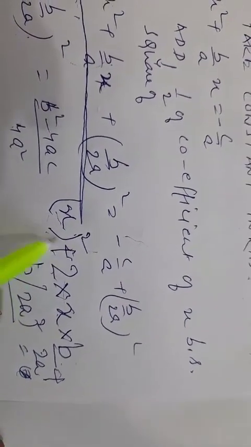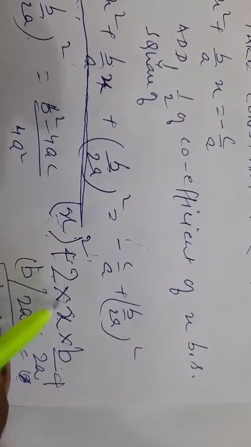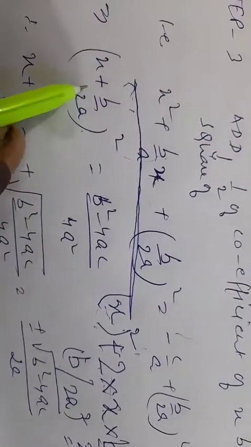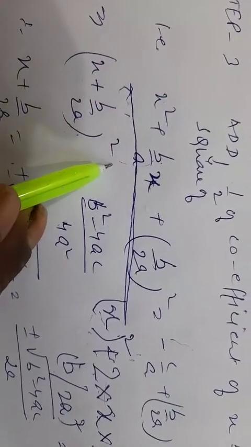It means that a square plus 2ab plus b square will give us x plus b by 2a to the whole square.